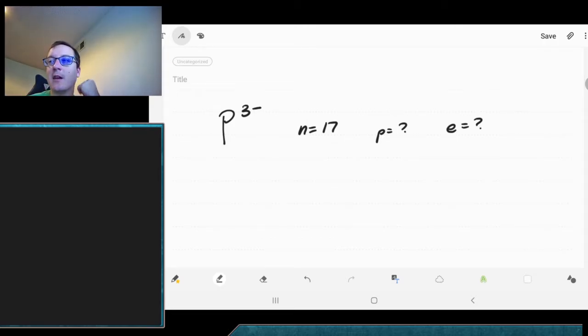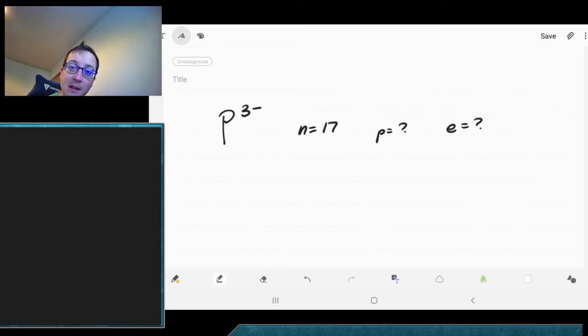Let's see if we can do that. So what are we going to do? We have two bits of information that we're starting with. We have P, 3 minus, and n equals 17. So that's what we know. How are we going to figure out the rest?